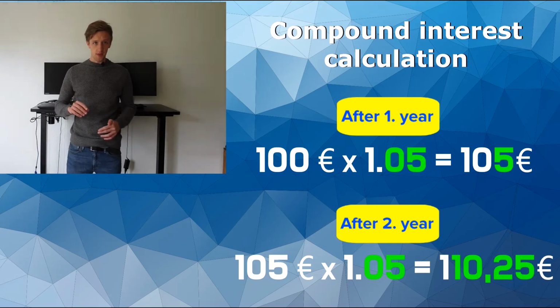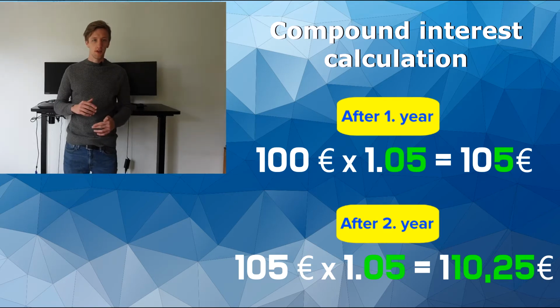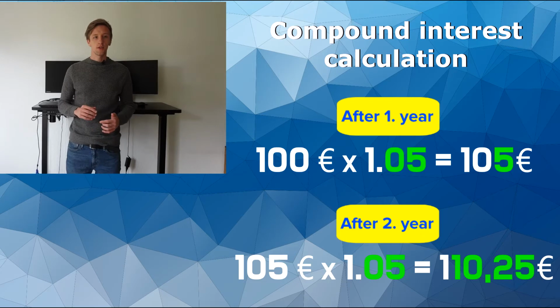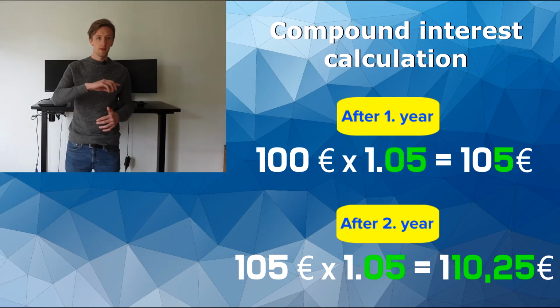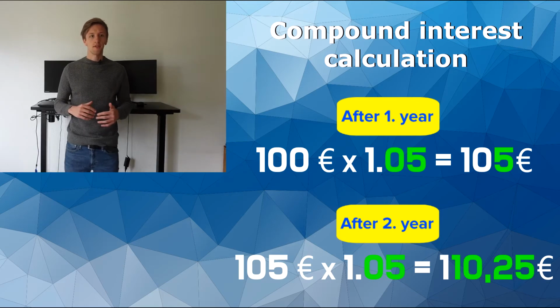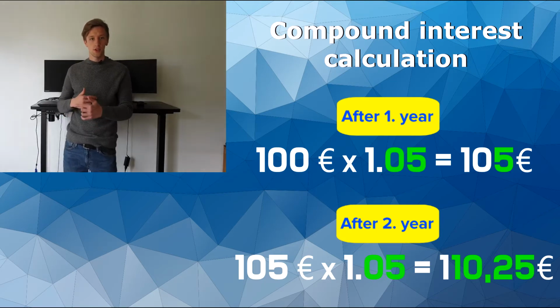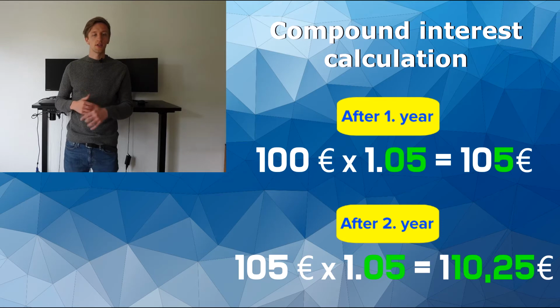Now not only your 100 euros worked for you, but also the interest of 5 euros from the previous year. You have created in this case the compound interest effect of 25 cents. We also do not have this interest paid out, but invest 100 euros with the new interest of 10 euros 25 cents for another year.